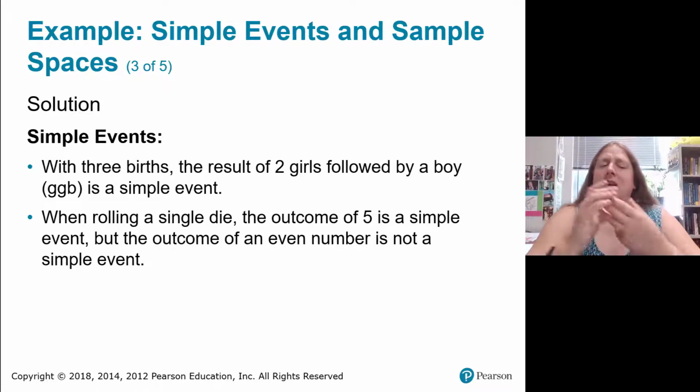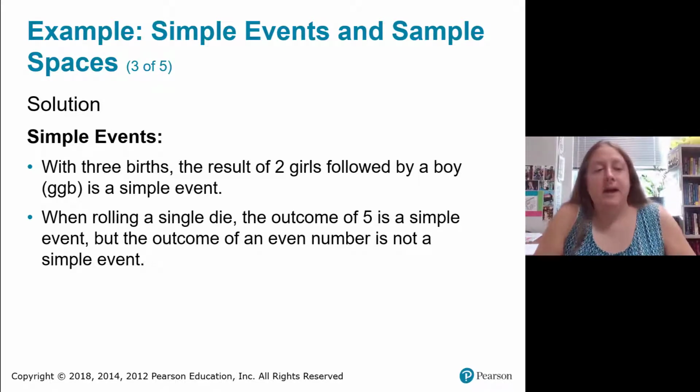Right. So something that you may encounter, like if you're rolling a die, a single 6-sided die, then you can get an outcome of 1, 2, 3, 4, 5, or 6. So the outcome of 5 is a simple event, but if you instead are talking about the outcome of an even number, that is not a simple event because an even number can be broken down into the simple events of 2, 4, and 6 as outcomes.